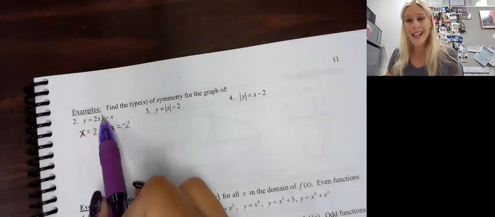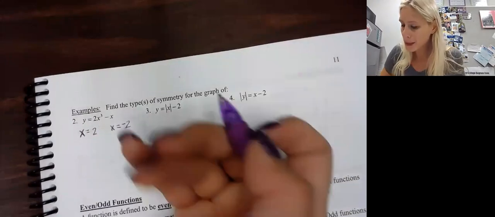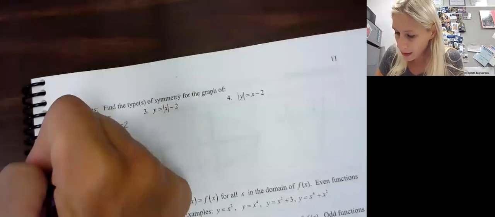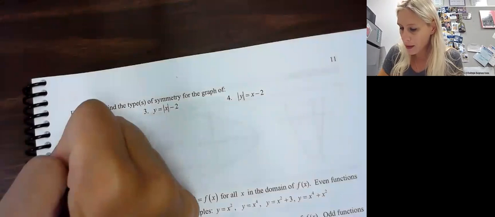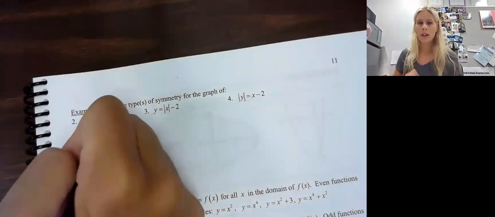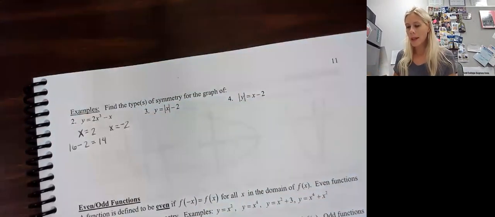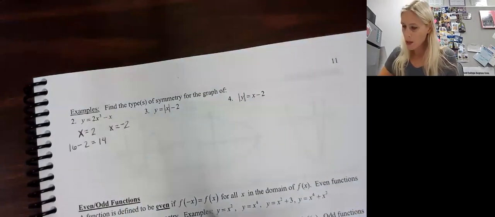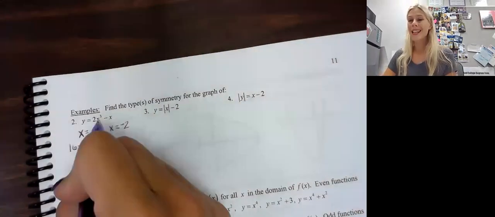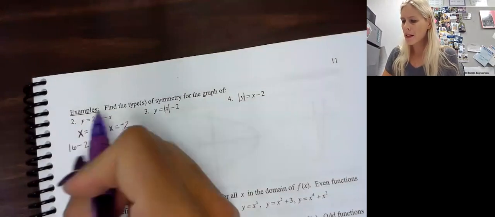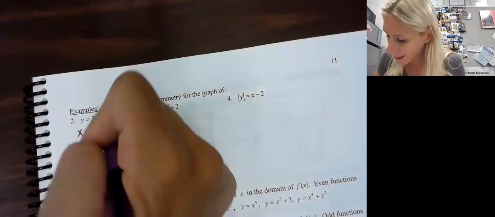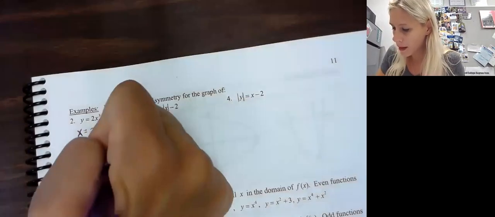2 cubed is 8. 8 times 2 is 16. Minus 2, that gives me 14. Okay. Now if I plug in -2, -2 cubed is -8. -8 times 2 is -16.